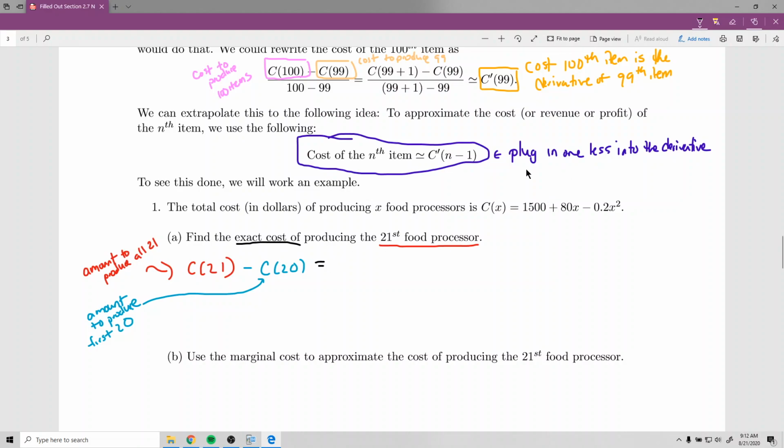So what we do is evaluate this. We do C of 21. We plug a 21 into C of x. And then we subtract, and then we plug in 20. Once again, when you subtract off, because you have all these pluses and minuses, make sure you use parentheses.